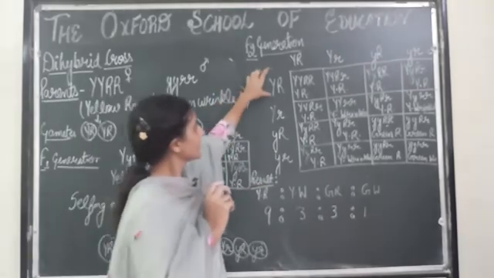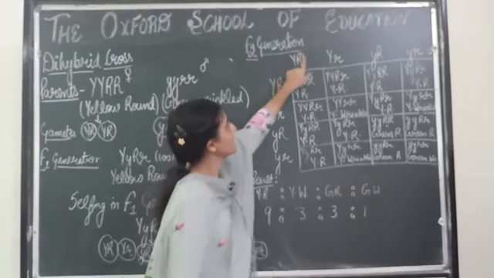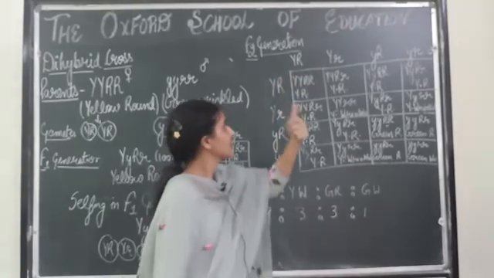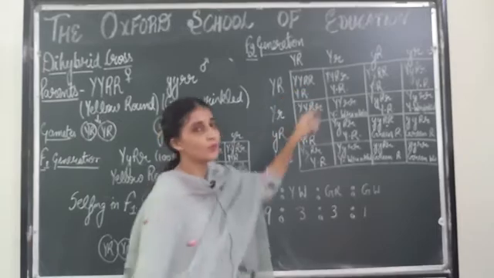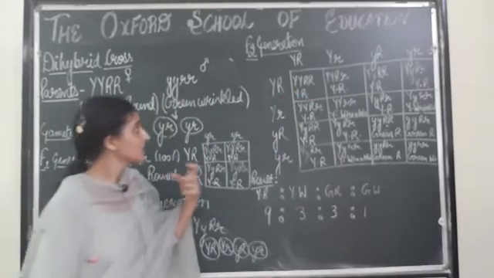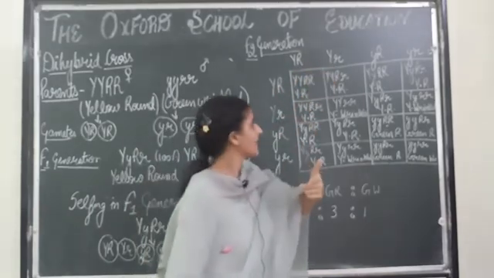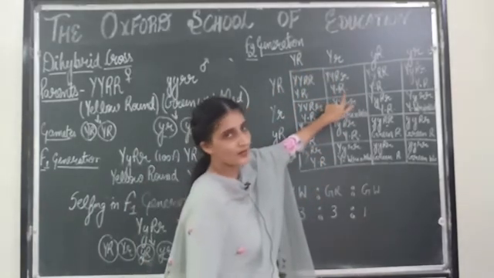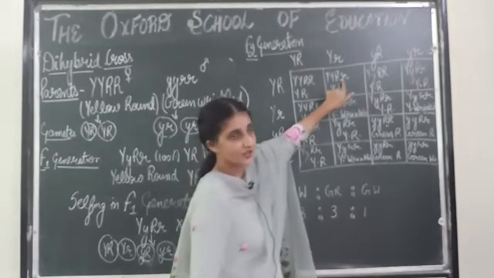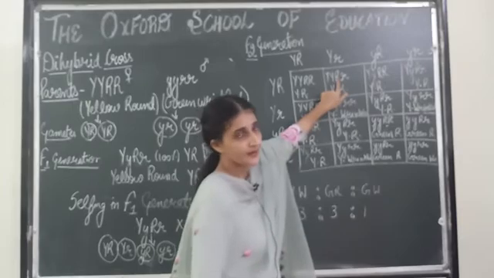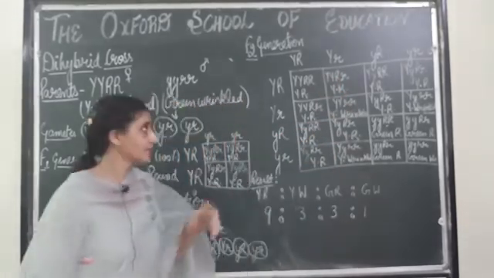Suppose a gamete of the first plant fuses with a gamete of the second plant, the result will be yellow round, because yellow and round both are dominant. Suppose this gamete fuses with this one, again the result will be yellow round, because in the heterozygous condition, capital R is dominant. That's why the seeds produced will be round.